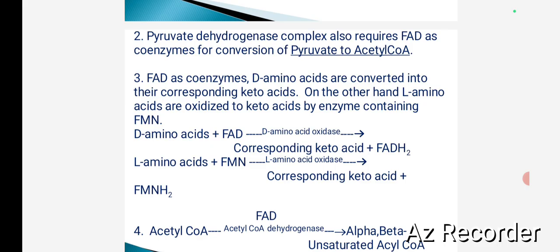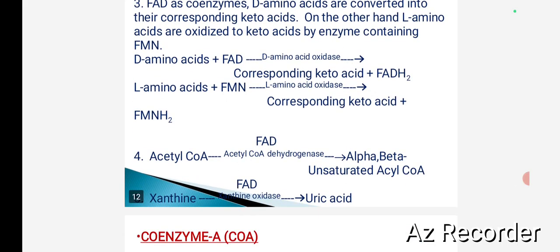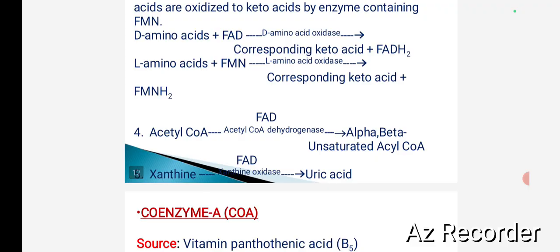L-amino acids react with flavin mononucleotide in the presence of L-amino acid oxidase, which gives the corresponding keto acid plus FMNH2. Fourth example is acyl-CoA reacts with FAD in the presence of acyl-CoA dehydrogenase enzyme, which produces the alpha-beta unsaturated acyl-CoA.